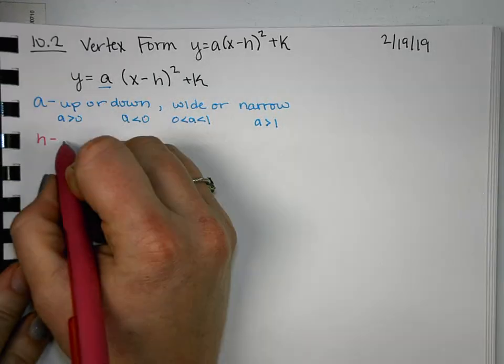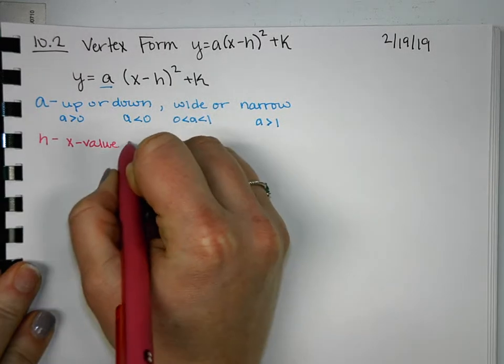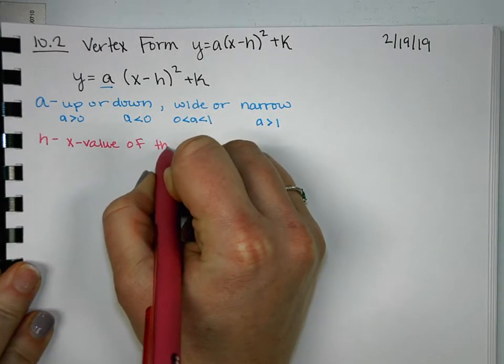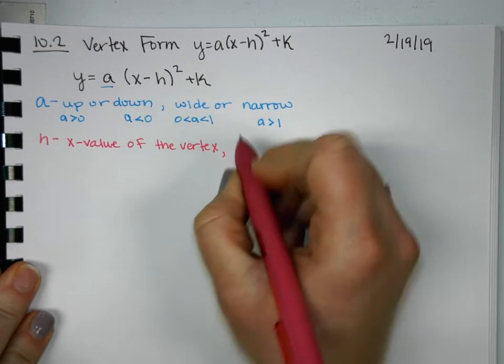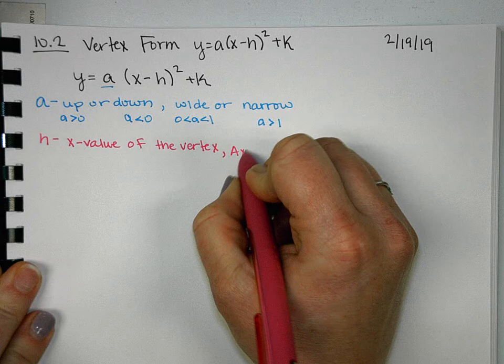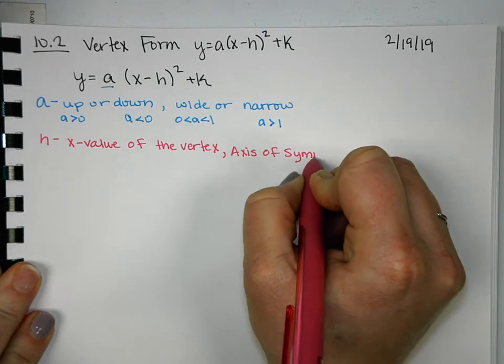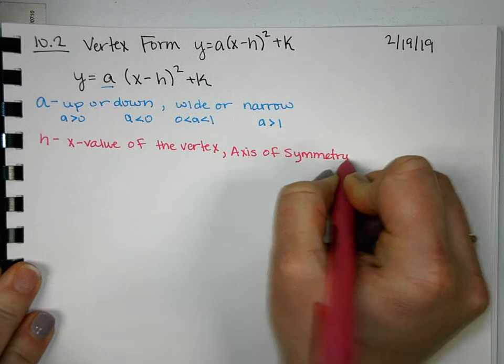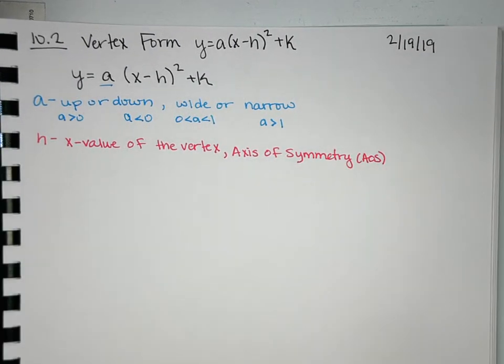H tells us the x value of the vertex. It also tells us what we call the axis of symmetry, which we abbreviate AOS. Do you guys know what symmetry is?